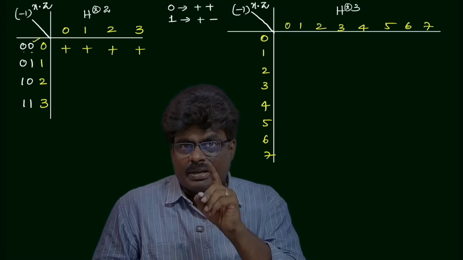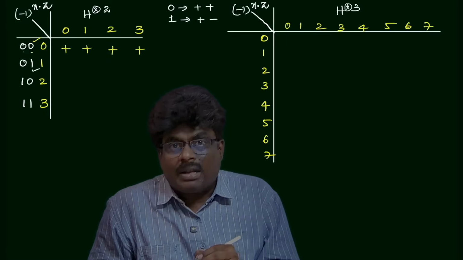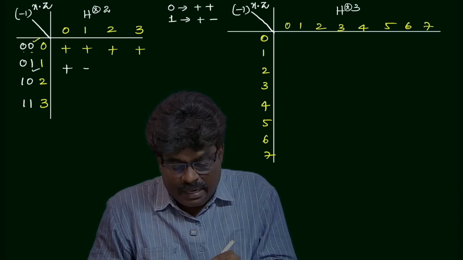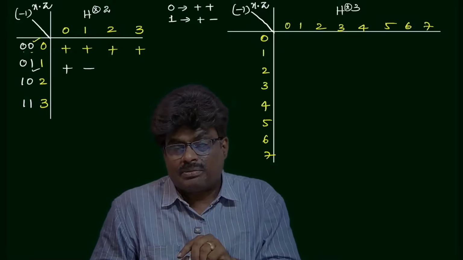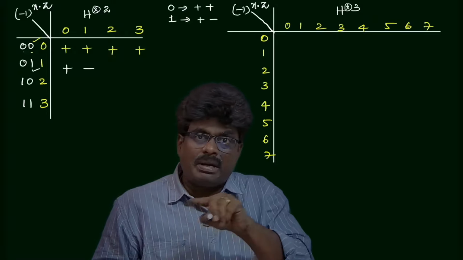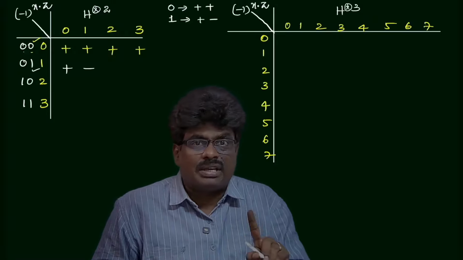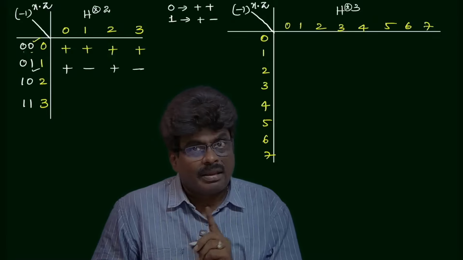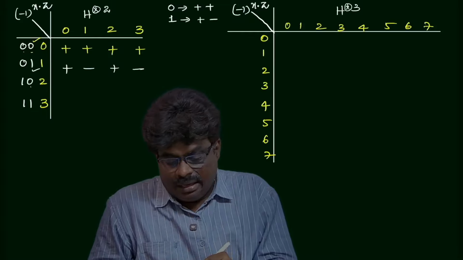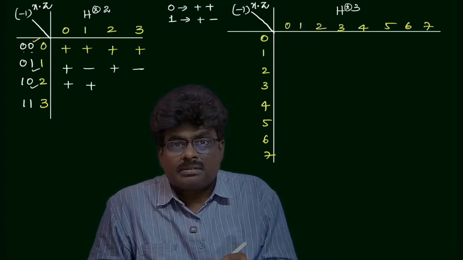Still not understanding? One more. Here the LSB is 1, so that's why plus minus. The next bit is 0, so I have to repeat the earlier signs as they are, no change. That is plus minus. Next one, see carefully. Here 0 gives plus plus.